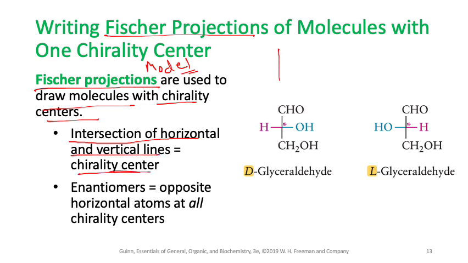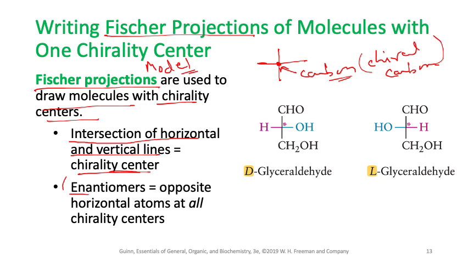Where a vertical line and horizontal line intersect, this represents a carbon, and this most probably is a chiral carbon, right? So if you see this kind of structure of a molecule, with horizontal and vertical lines crossing each other, that means we are drawing a Fischer projection for that molecule, right?